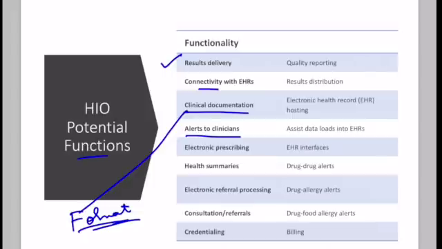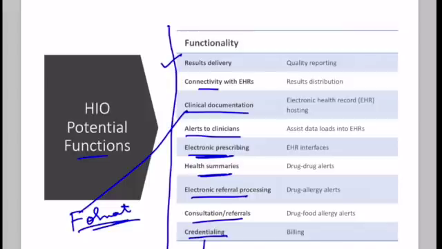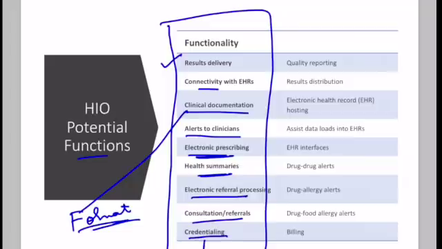Then electronic prescription, sharing it across organizations, health summaries, electronic referral processing and consultations, and credentialing, like looking up the doctor's credentials or the patient's credentials, and all of these are across organizations, as I mentioned, among different hospitals and among different federal and regional agencies.